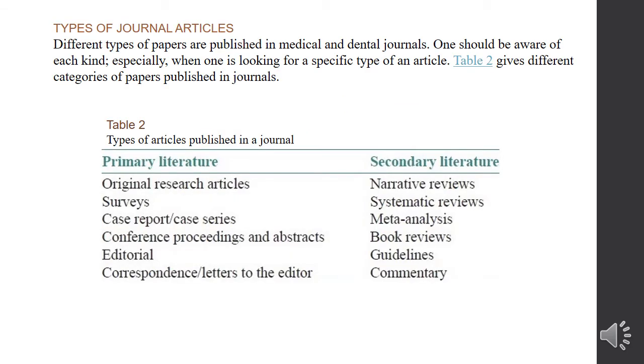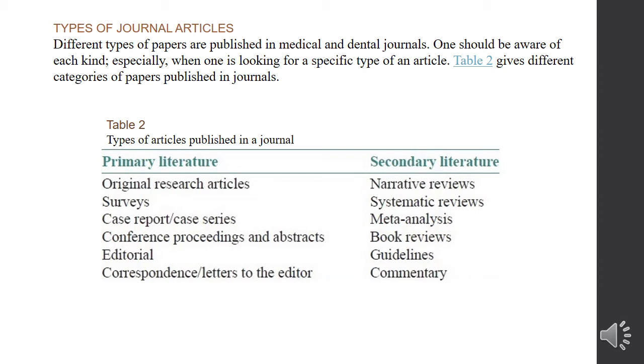Well, there are several types of journal articles, especially in medical and dental journals. Someone should be aware of each kind, especially when one is looking for a specific type of article. There is a table here which gives different categories of papers published in journals. So, the articles in published journals are divided into two groups.